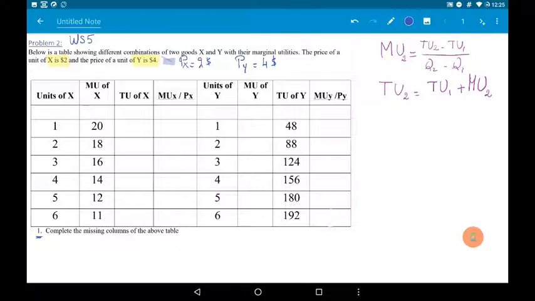Okay, so we need to calculate total utilities and marginal utilities. The rule for marginal utility is TU2 minus TU1 over Q2 minus Q1. So, if we need to calculate the marginal utility for Y, we need to check two consecutive total utilities and the quantities.